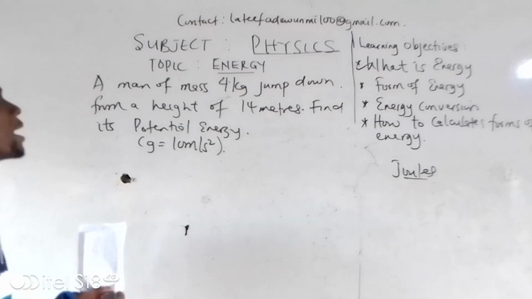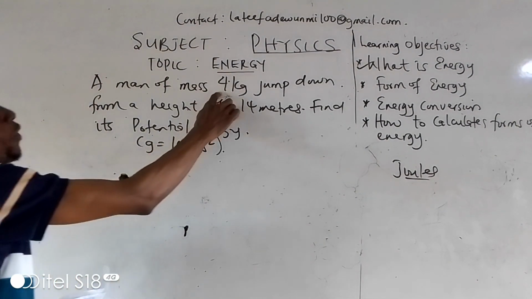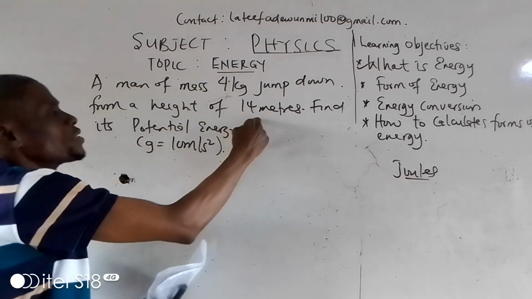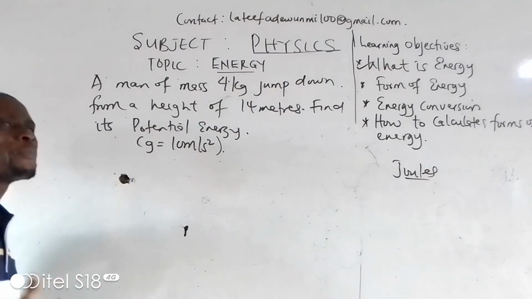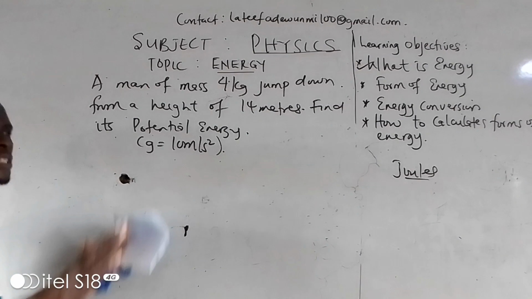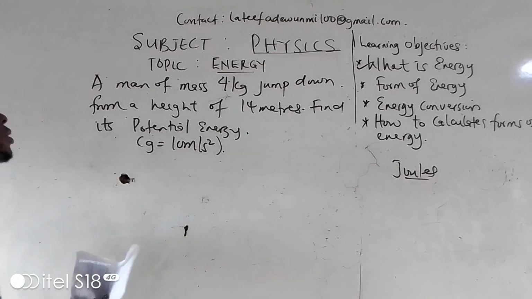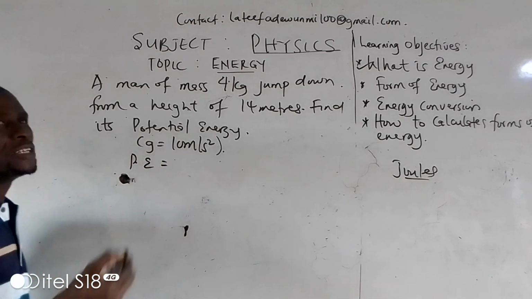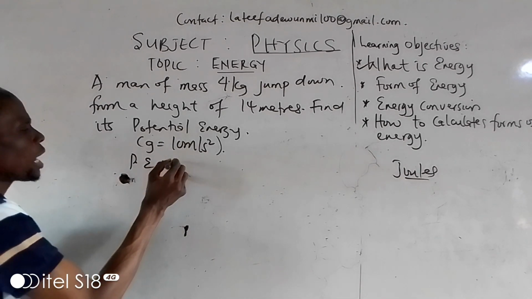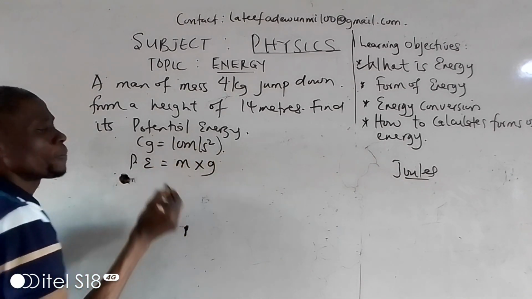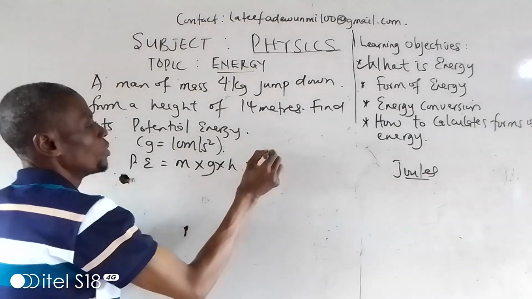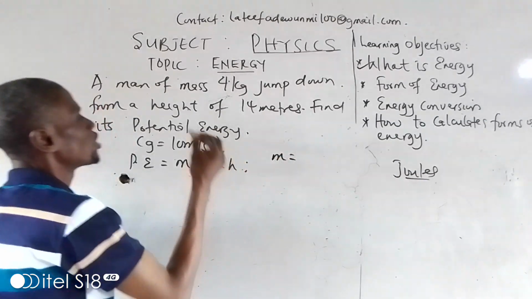Now, a man of mass 4 kilograms, that's the mass, jumps down from a height of 14 meters. We should find the potential energy. So back to our formula for calculating potential energy, simply our M multiplied by G multiplied by our H. What is our M in the question?